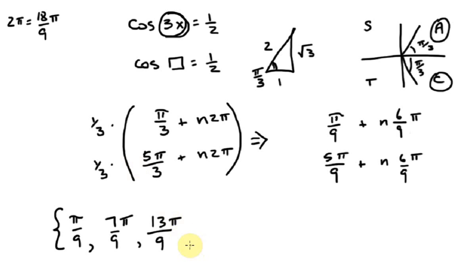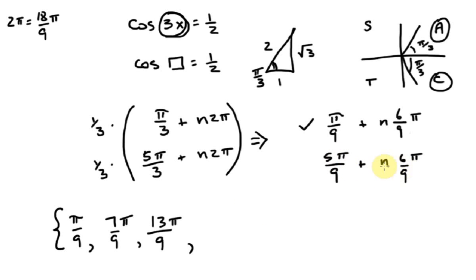So 13/9 is very acceptable. But if I added another one of these, another 6/9 to that, well, goodness, then we're going to be at 19/9, and I would have gone over 2 pi. So that's the end of the road. That's how many solutions I got out of this first generator.